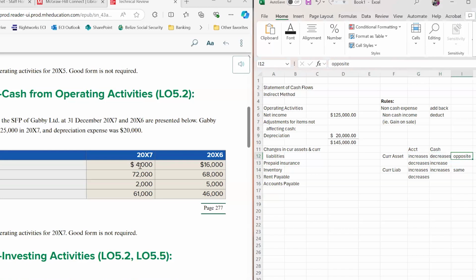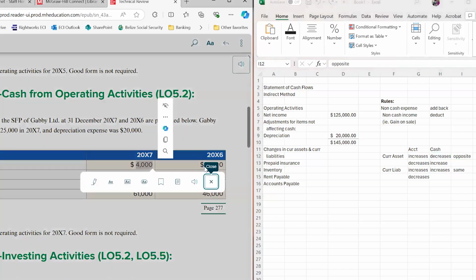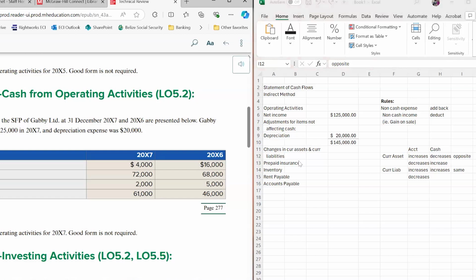So in this case, what happened? Well, prepaid insurance is less than last year. So that means we need to do a decrease in prepaid insurance. When you're doing the decrease, you could type it right in your question. You could say this is a decrease in prepaid insurance. I didn't put it yet because I hadn't calculated it. So then this means this has to be a negative, right?